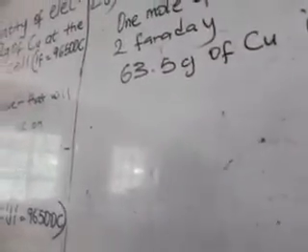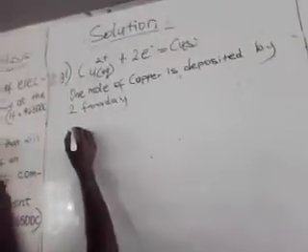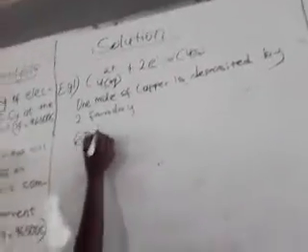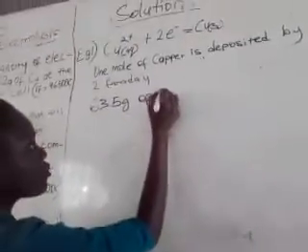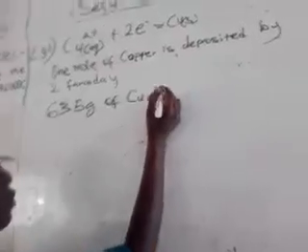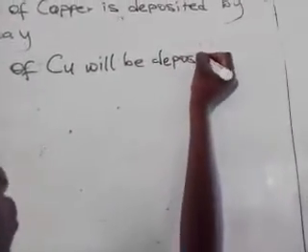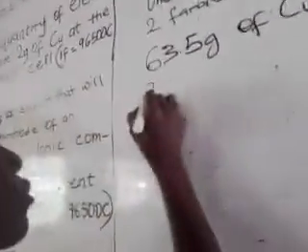Let's repeat that line. This means that 63.5 grams of copper will be deposited by 2 times 96,500 coulombs.